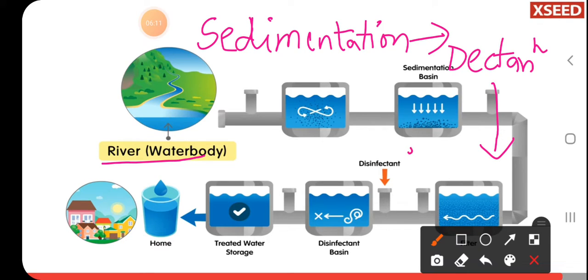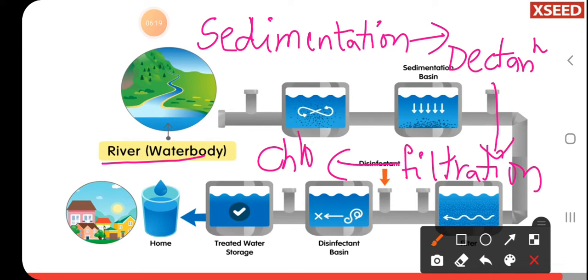After decantation, the next step is filtration. After filtration, the next step is chlorination. Once chlorination is over, the water is supplied to the houses for use. These are the different combination of steps that are used to purify the water before it reaches the houses for further use.